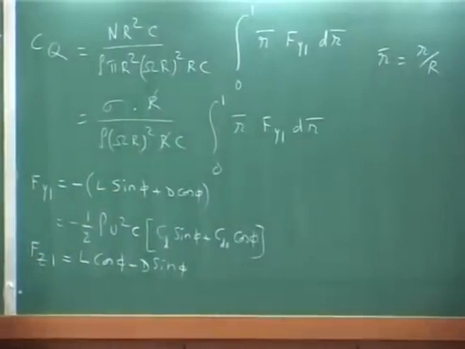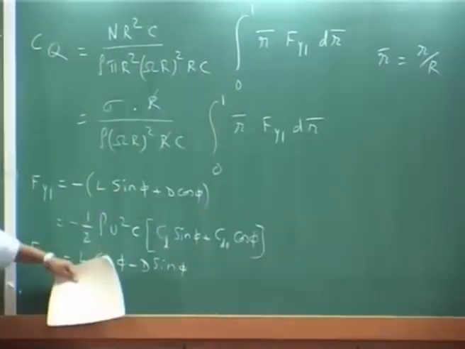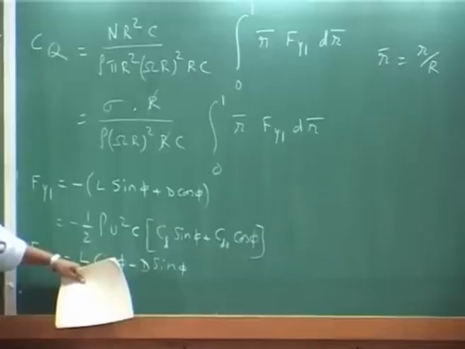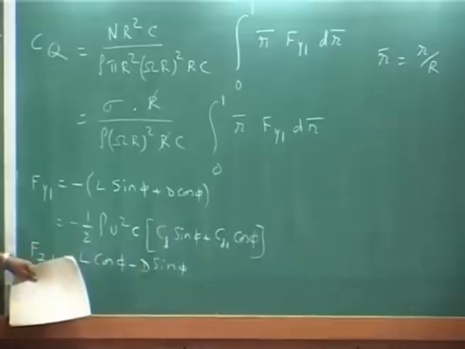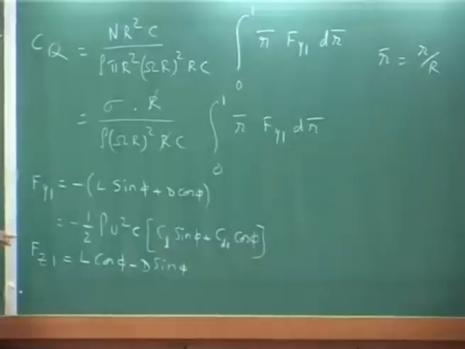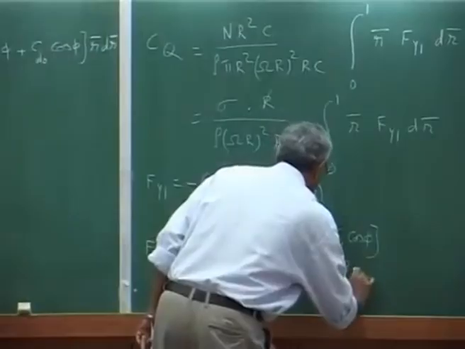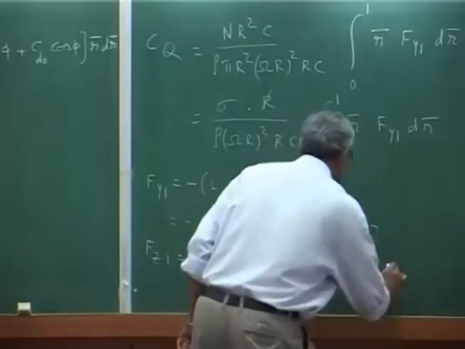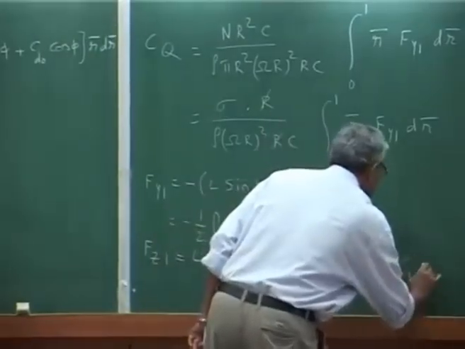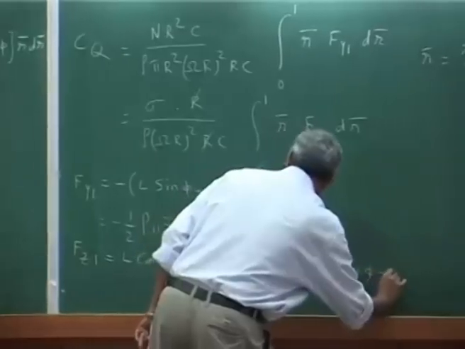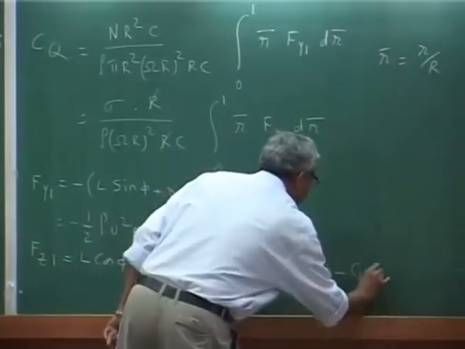You are going to replace the L by Fz1. In other words, you substitute here that half rho u square C, this will be C L cosine phi minus C d 0 sin phi.